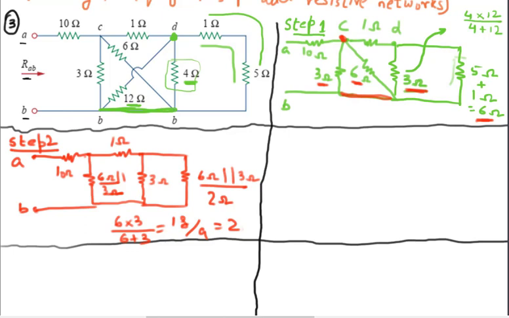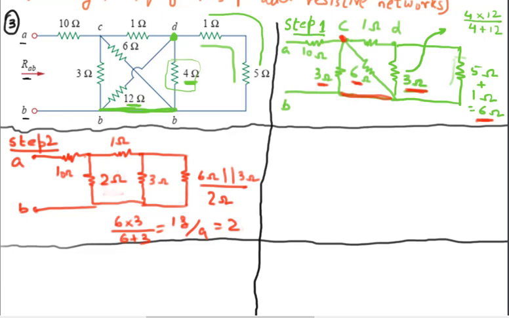Let me clarify that. I'm going to erase this and write 2 ohms over here. So 6 into 3 over 6 plus 3 comes out to be 2 ohms. This is 2. This was step number 2.